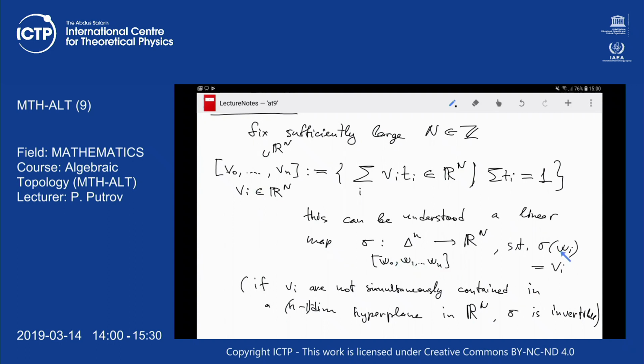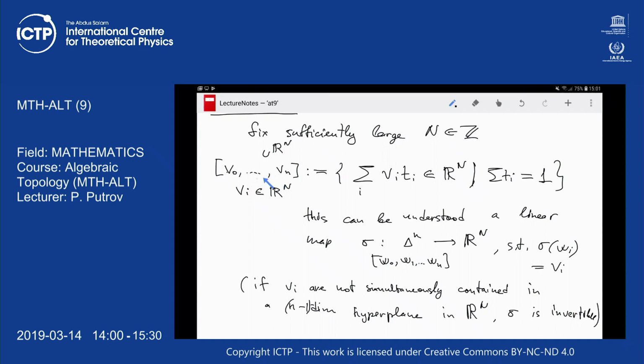The linear map is completely determined by the values of sigma on vertices, because any other point is a linear combination of the vertices. So if the v's are in general position, I can understand them as an n-simplex embedded into Rn.